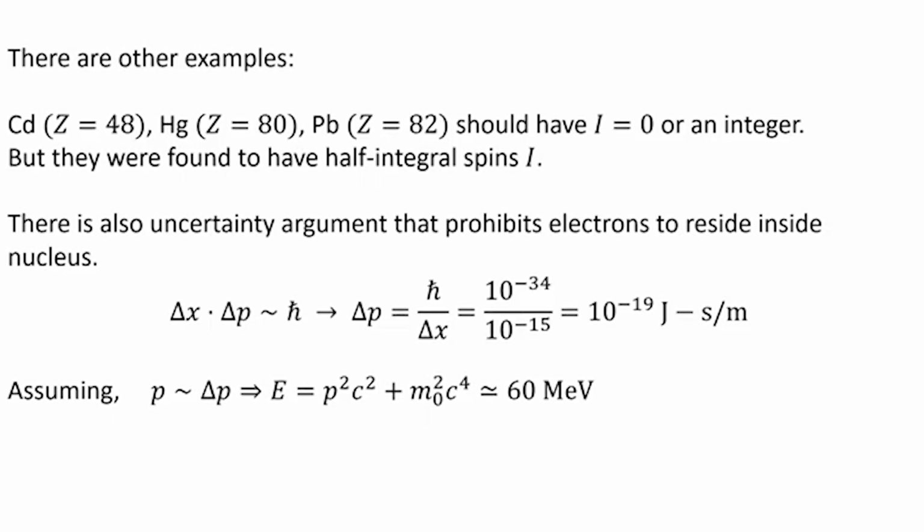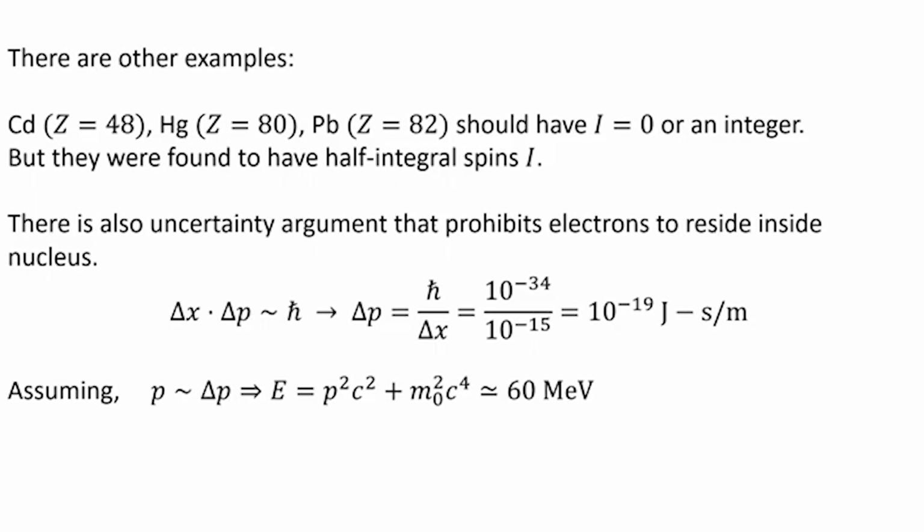There is also another argument which is very elegant, and it says that if the electrons have to reside inside the nucleus, then their energies are too large for the nucleus to hold them. Again, it's a back of the envelope calculation using the uncertainty relation, where we use delta x delta p equal to h cross, that gives delta p equal to h cross by delta x.